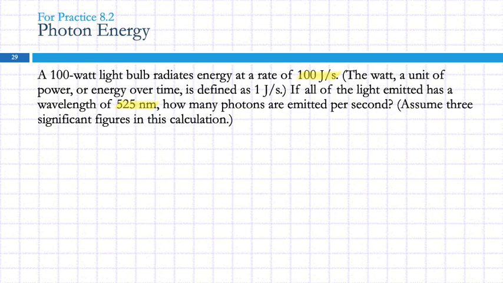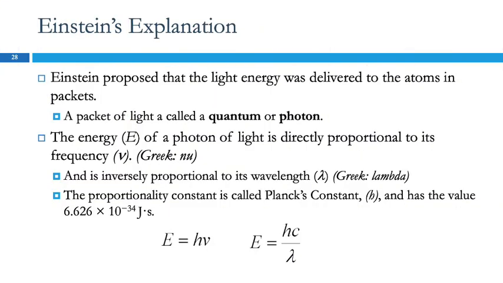And then here we have a wavelength. We have 100 joules per second, and we have 525 nanometers. That's the wavelength of the light. A joule is a unit of energy. It's the energy per second. Can we calculate the energy of the light? How about this one right here?